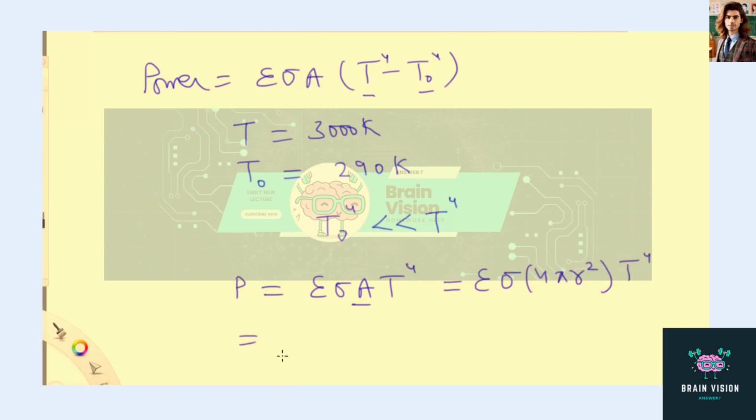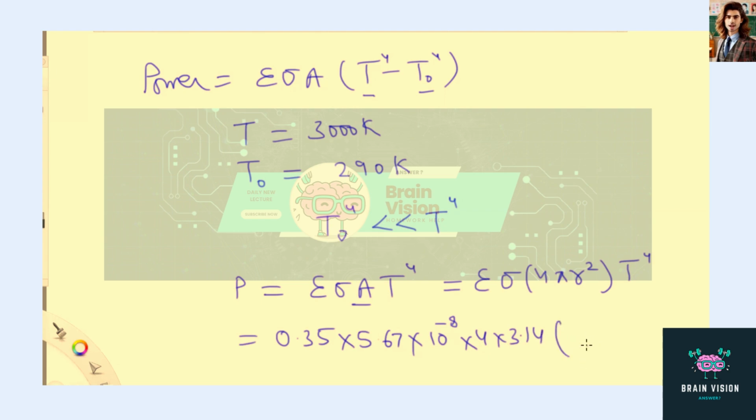So finally, plugging in all known values here, for emissivity, this is 0.35. For sigma, this is 5.67 into 10 raised to the power minus 8, 4 into 3.14.